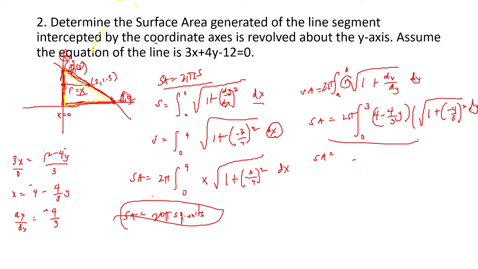Oops, 4 minus 4 thirds y. 1 plus negative 4 thirds. Let's see. 2 pi, 4 minus 4 thirds, 1 plus negative 4 thirds squared dy.